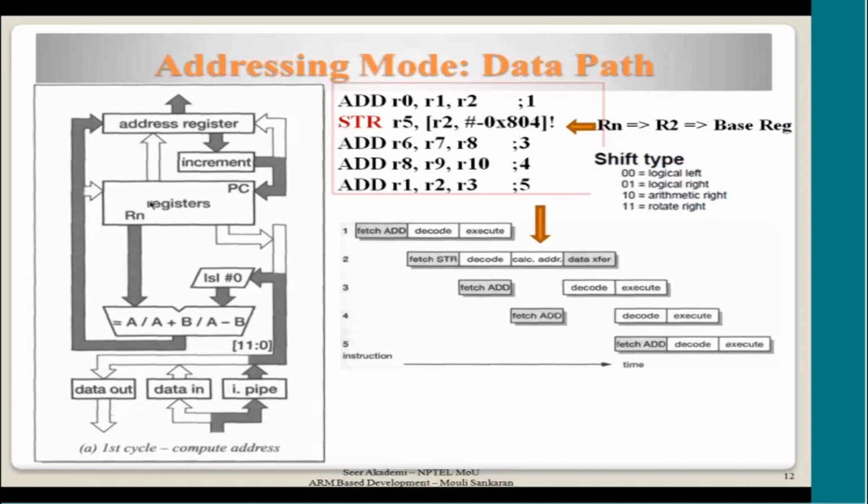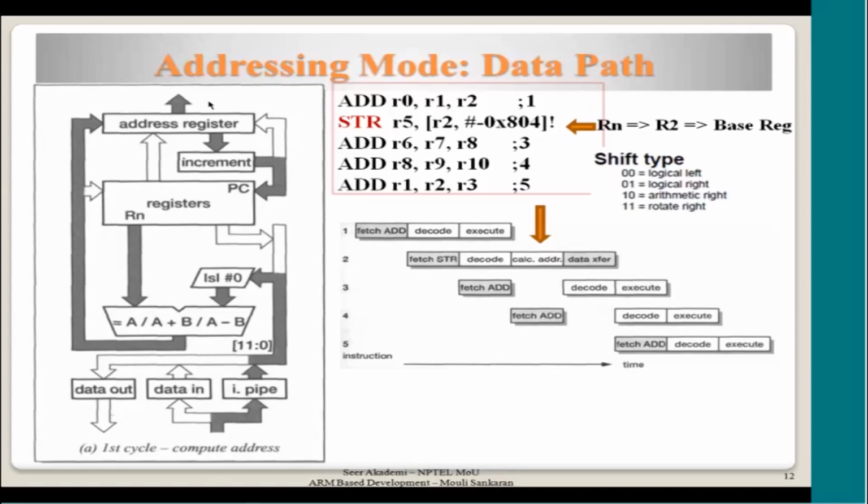This execute cycle is with the same instruction. It can be done in the next cycle, but why is it delayed? I will give a slight explanation now, but it will be clear when I talk about the data abort. The processor is generating the address with the hope that the memory will provide the data or will allow the writing of the data into the memory.